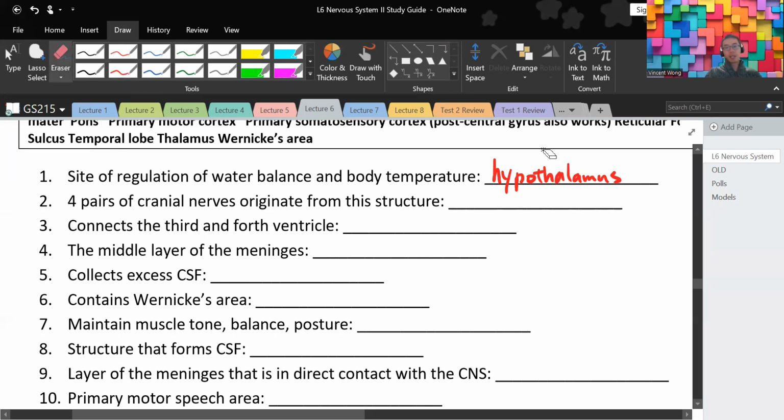The hypothalamus controls body temperature. You have a total of 12 pairs of cranial nerves. 4 pairs come out of the pons of the brain. So again, this is the brain, cerebellum at the back. There's a little bulge here. That's the pons, right on top of the medulla oblongata.